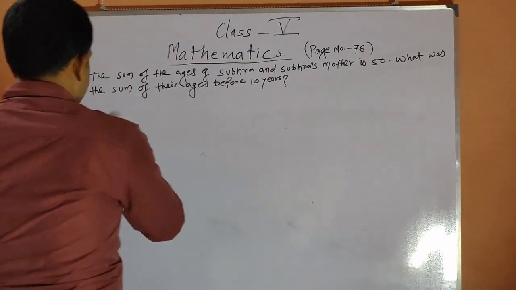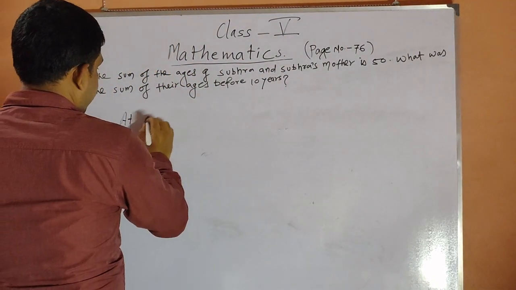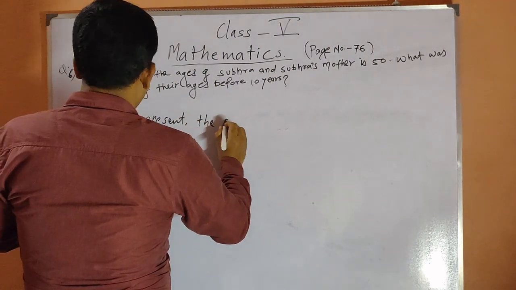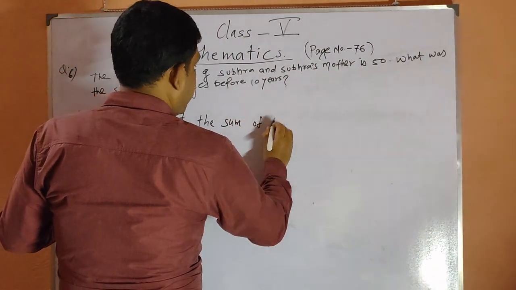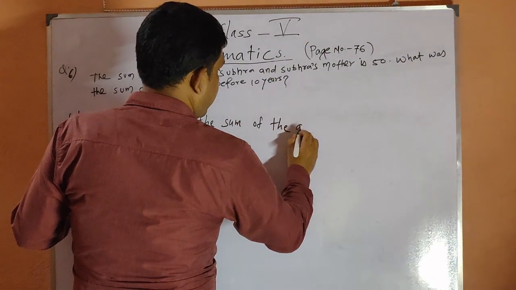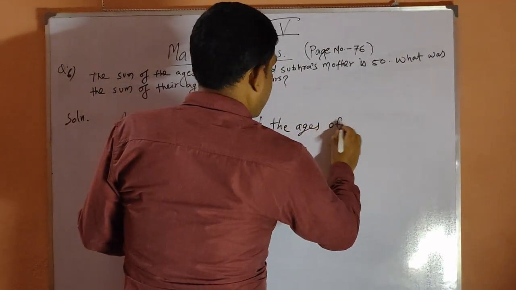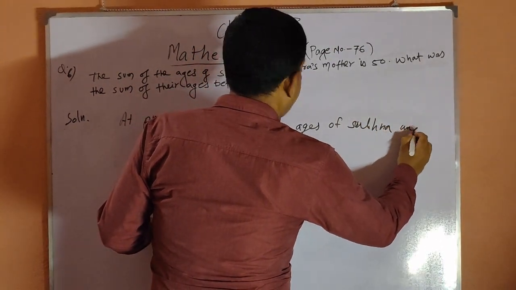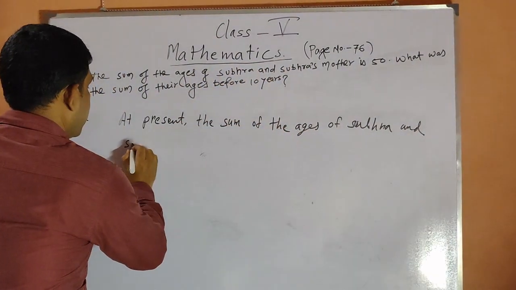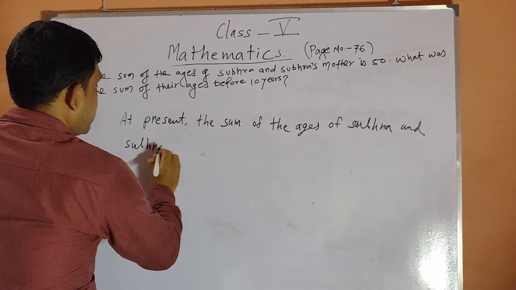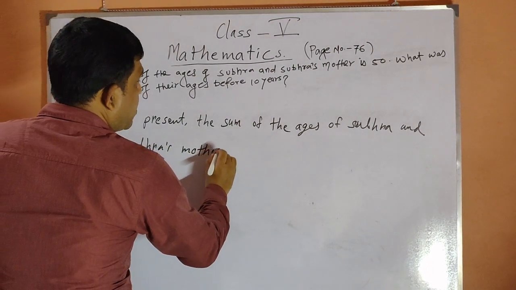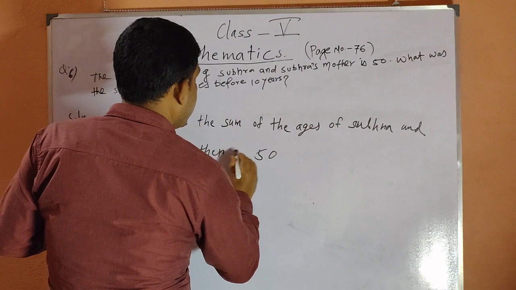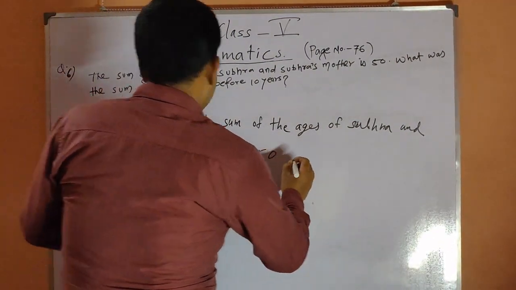At present, the sum of the ages of Subro and Subro's mother is 50 years.